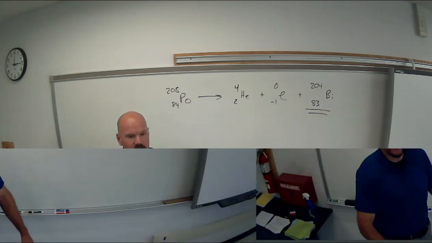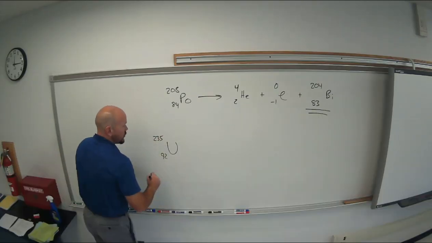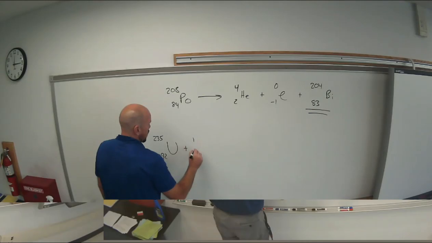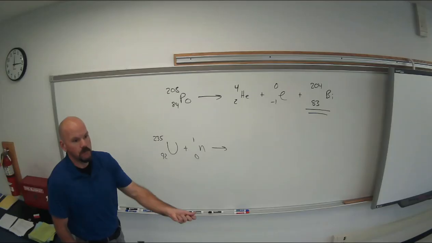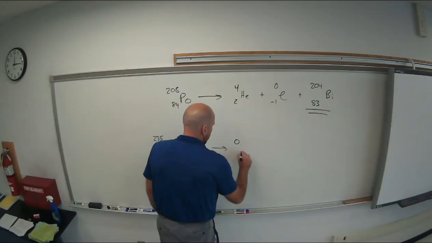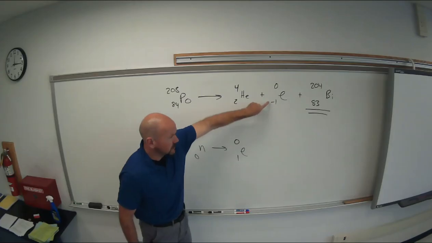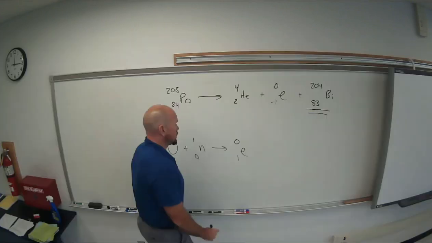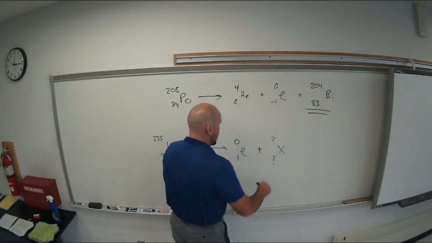And again, I'm just making this up, but if I said uranium-235 underwent neutron bombardment, that would mean plus a neutron, and then that triggered positron emission. So now I would write my positron particle. Okay, remember, positron is the same as a beta particle, just with a positive one here instead of a negative one. Okay, and then we would say plus our unknown. So we're trying to figure that out.